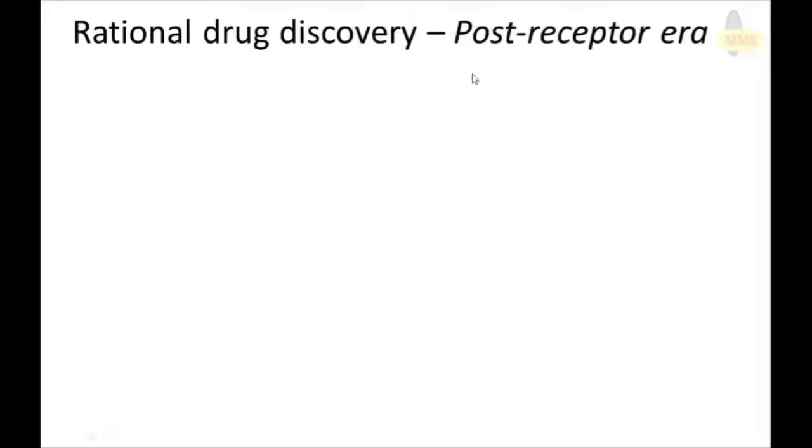Now, so far what we have seen is whatever happened in history, 1950 and before that. But right now, our understanding is that drugs act via interacting with receptors. The receptor concept was put forward by Paul Ehrlich.